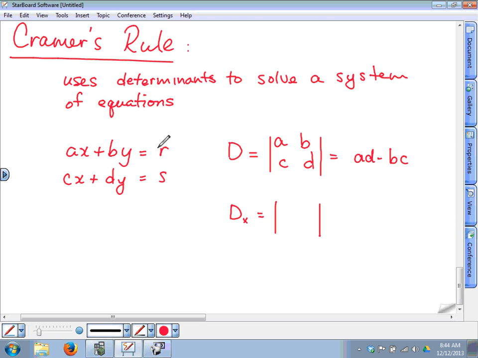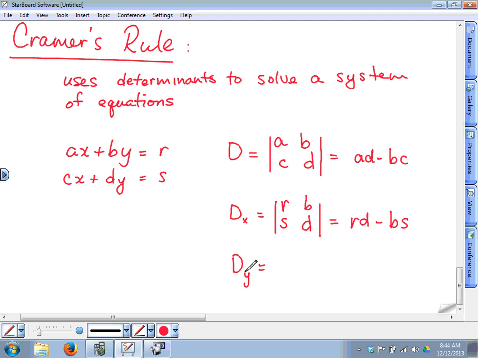You're going to replace those entries with R and S. So R and S go in the X column. The Y column has the same entries of B and D. So what's that determinant? RD minus BS. Okay, next determinant is D with the subscript of Y.